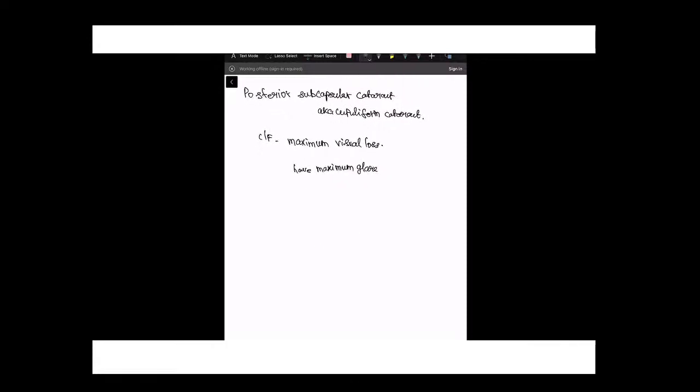Maximum visual loss is seen here, and it has maximum glare to the light. It is a cup-shaped cataract, hence the name.